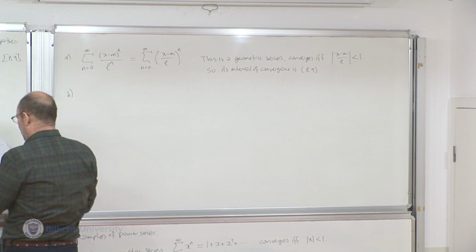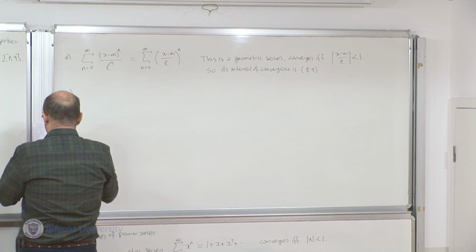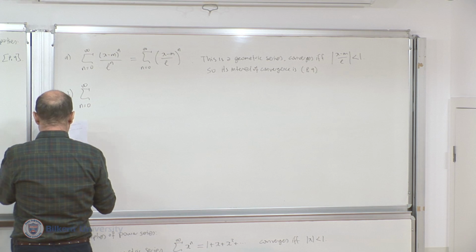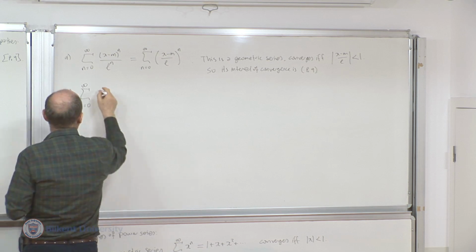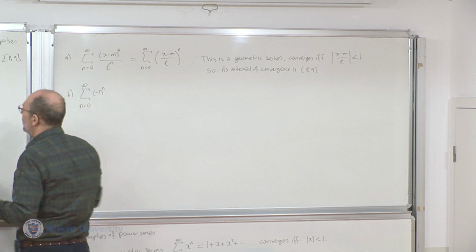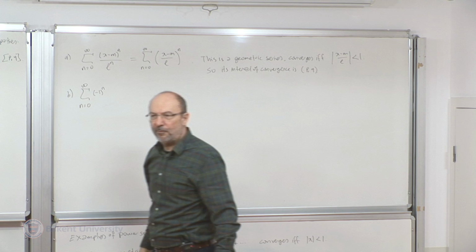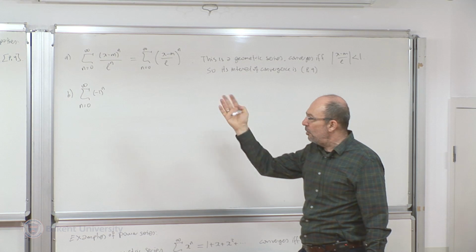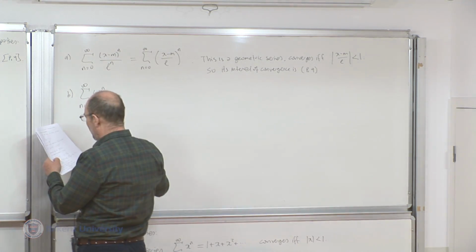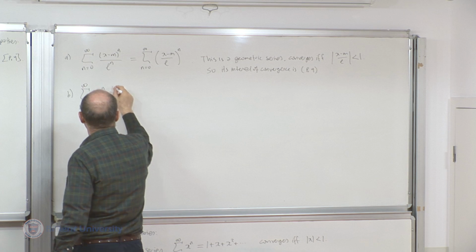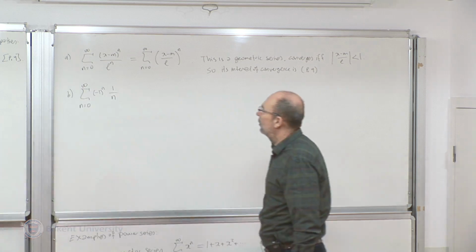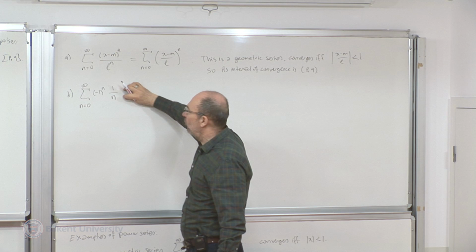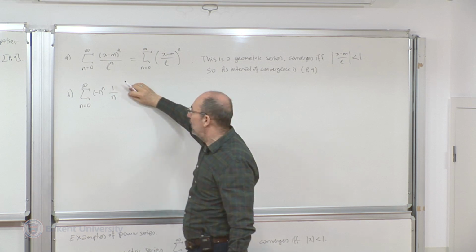B, okay, so here I suggest this one: the sum from n equals 0 to infinity. Let me write it in a way that will convince you. I will have (minus 1) to the n. Since I want convergence at one endpoint, I should try an alternating series there, and the sign will then shift for the other one. So this one converges if what I'm going to write here does not contribute a conflicting sign.